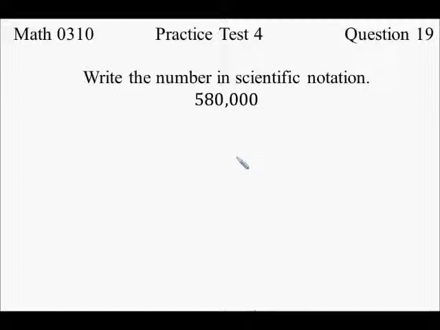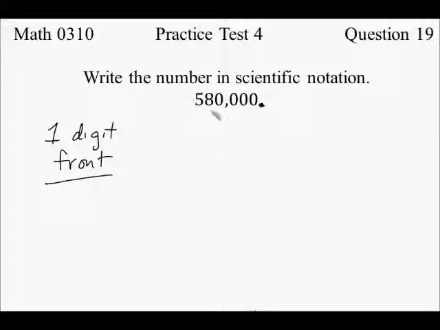Question 19, write the number in scientific notation. We have 580,000 here. Remember, scientific notation is whenever we have only one digit in front of the decimal place. With 580,000, it's like having our decimal place after the last 0.